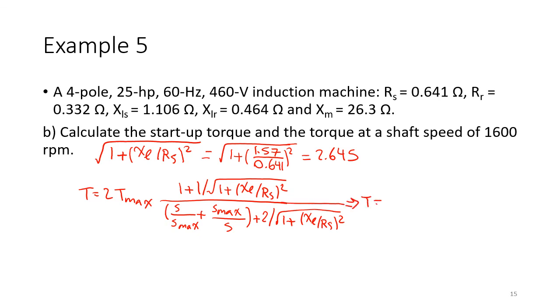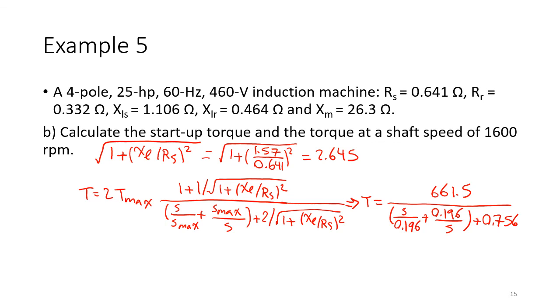So T will be equal to 661.5 over S over 0.196 plus 0.196 over S plus 0.756. So we just put the numbers in the equation. We calculated the S max and T max in the previous part of the question, in the previous slide, and we just calculated this term that can simply be replaced here.